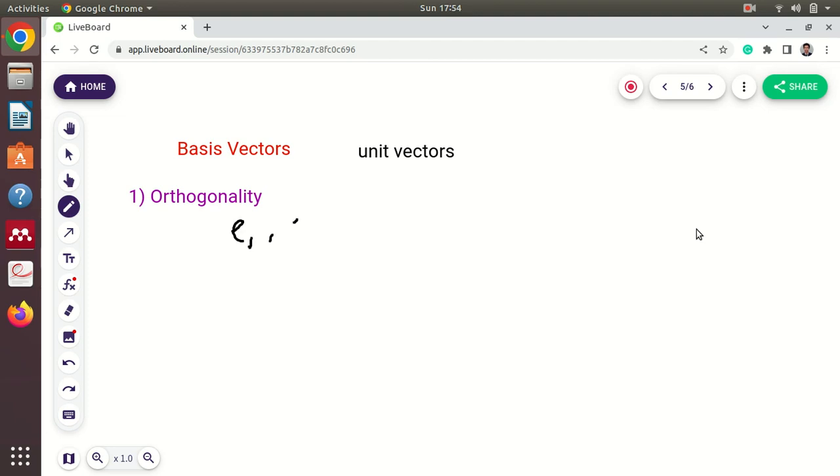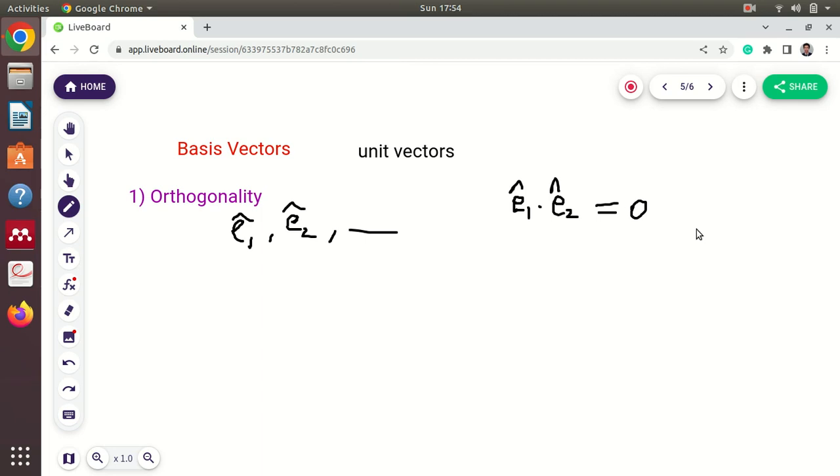So as I told, we have some vectors e1, e2 and so on up to en, and I have to take the product. So let's say e1 and e2, we have taken the product, and we should have a cap over the vectors because they are vectors. If the dot product of these two vectors is equal to 0, then we call the two vectors orthogonal to each other. So here e1 and e2 are orthogonal vectors to each other.